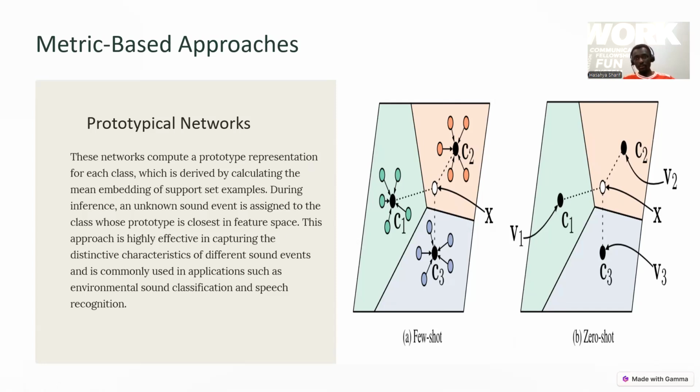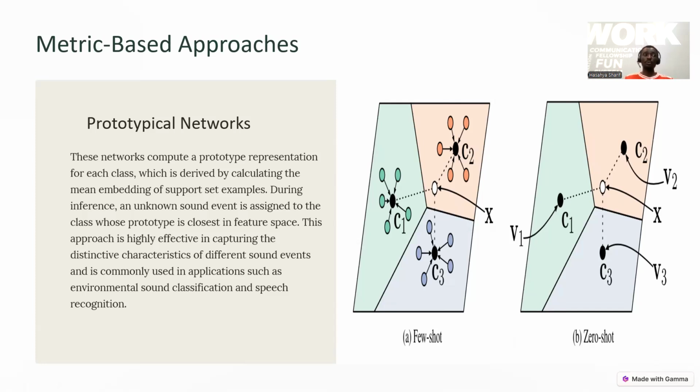While in zero shot classification, unlike few shot, the model encounters a completely new class. That is, for instance, C2 and C3, they have never been trained on this sound.